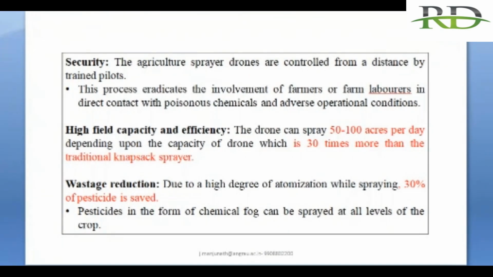The capacity per drone is approximately 30 to 40 acres per day. With only a knapsack, we can spray only 3 acres per day.